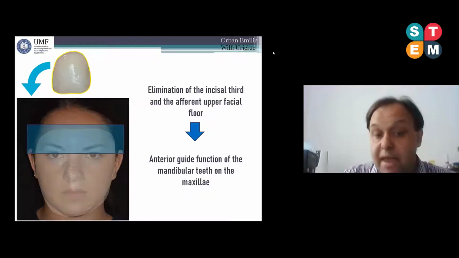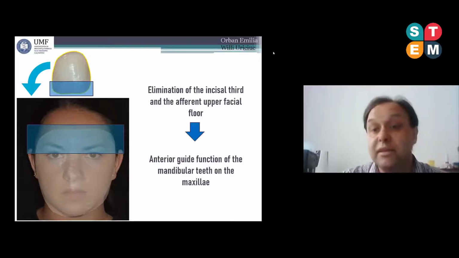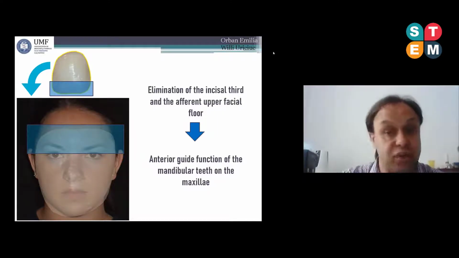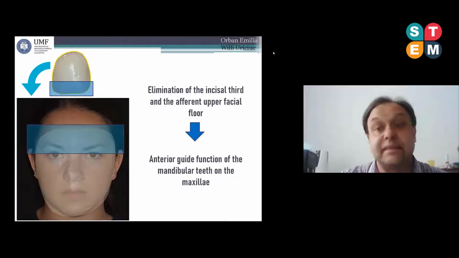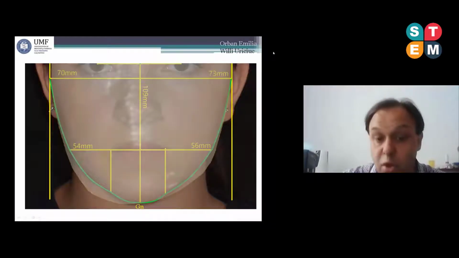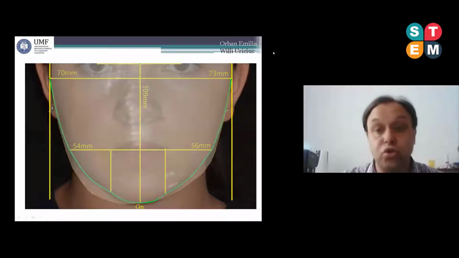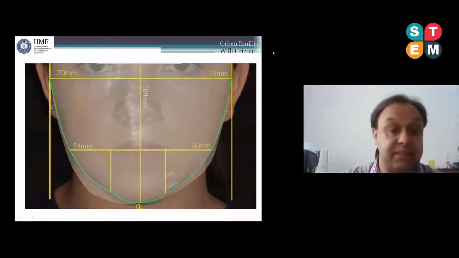We made a section of this overlap image that we made from the interpupillary plane, and after that we see what is the contour of the tooth, what is the contour of the shape of the face, and equilibrate this overlap. We have now two contour overlaps, the shape and the tooth.